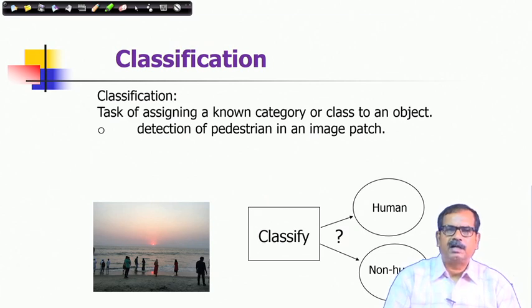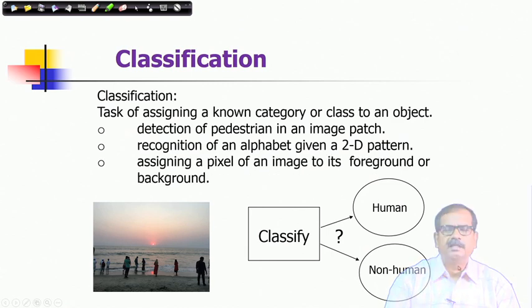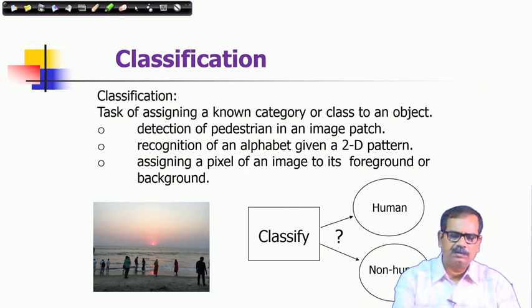There could be other kinds of problems also, like detection of a pedestrian in an image patch, recognition of an alphabet given a 2D pattern, assigning a pixel of an image to its foreground or background. These are other classification problems, and in this way you can define infinitely many types of problems. So, this is the nature of a classification problem.